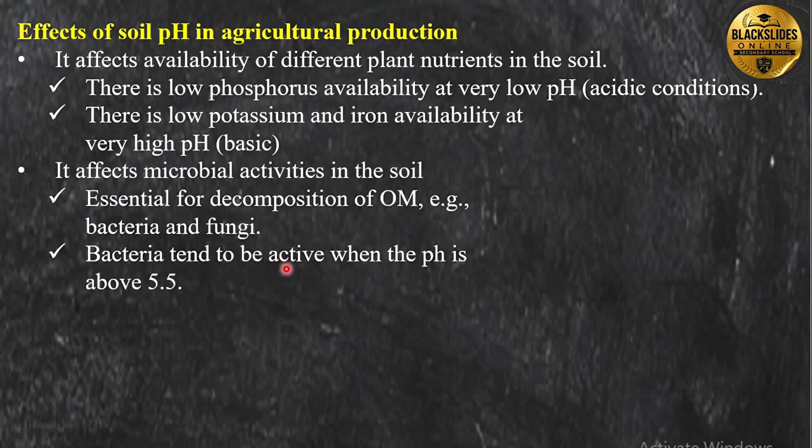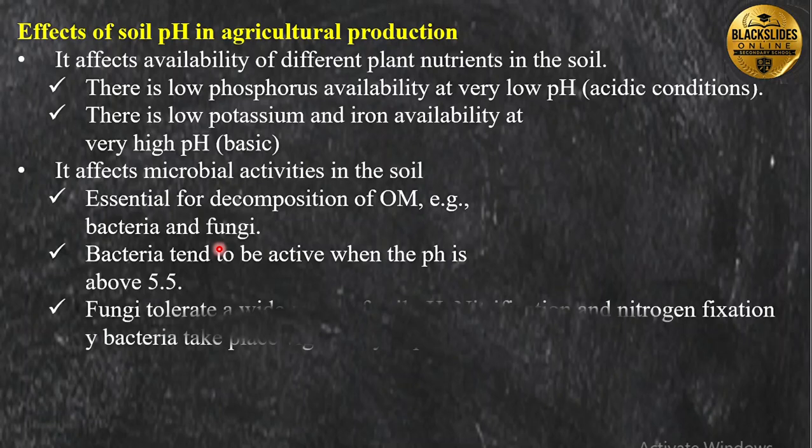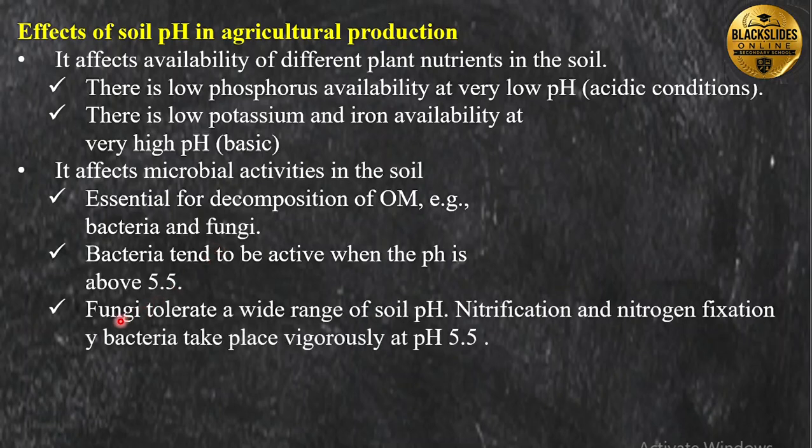Bacteria tend to be active when the pH is above 5.5, meaning that when the pH is below this, bacteria will not be active and there will be less organic matter in such a soil. Fungus tolerate a wide range of soil pH.